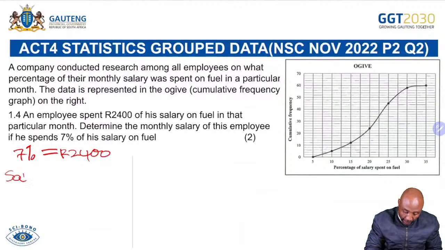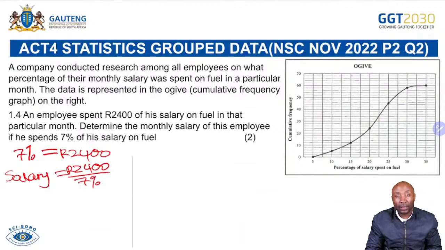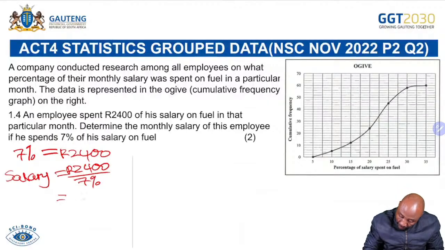So the salary becomes 2,400 rands divided by 7%. And we know that 7% is 0.07.